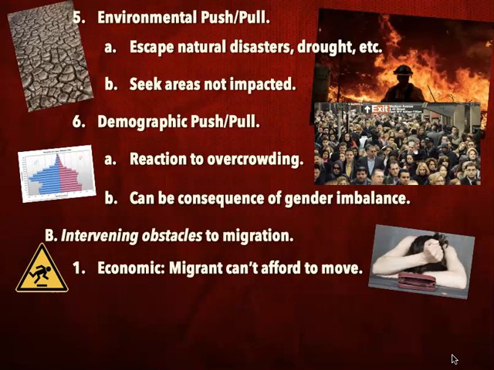Those intervening obstacles are things that can complicate it when someone feels like, whether it's because of any of those push-pull factors we talked about up there, whether it has to do with a job, whether it has to do with demographics, wherever you may be going with it, when you literally feel like you need to move, you want to move, but moving isn't cheap.